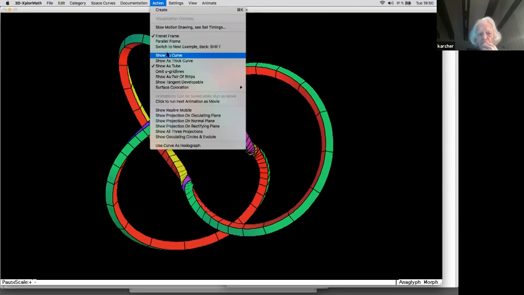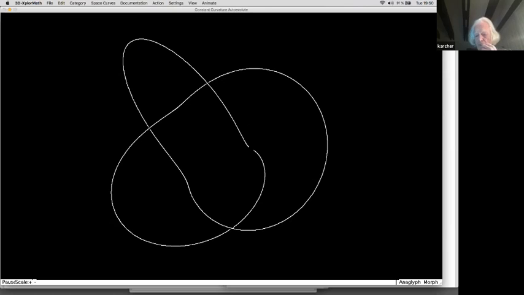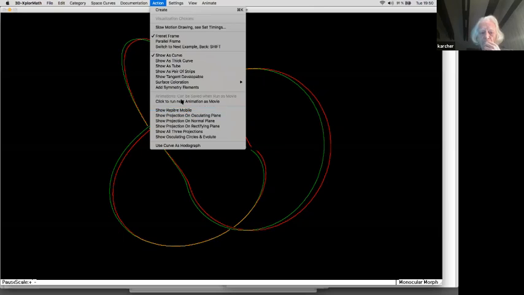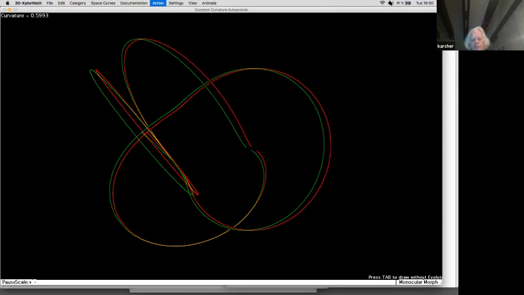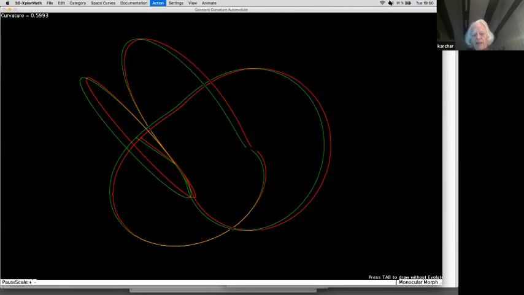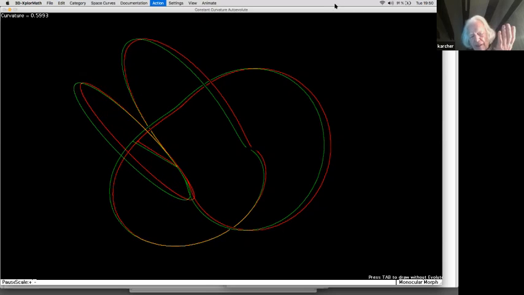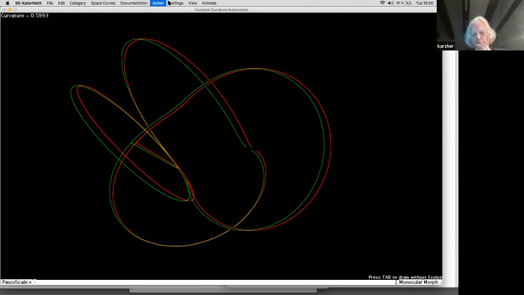And when we go back to the curve, we watch the oscillating circles. Again, they are annoyingly slow, but I can't avoid this.